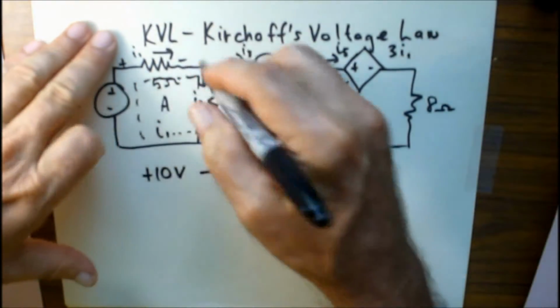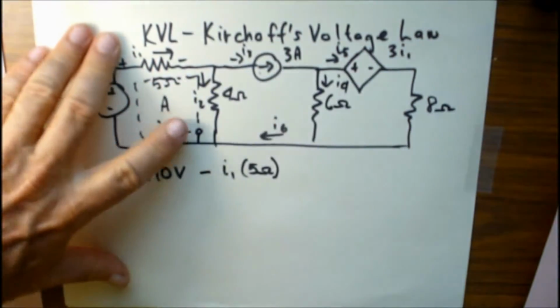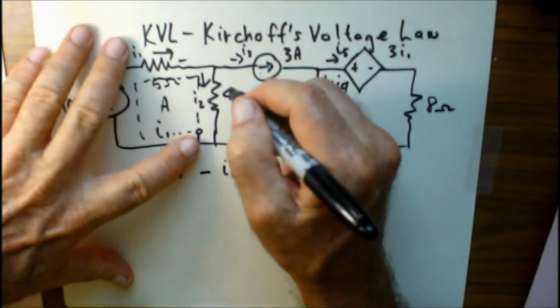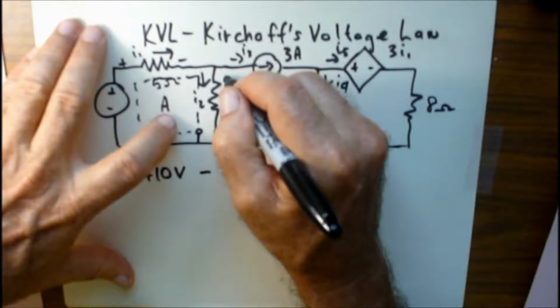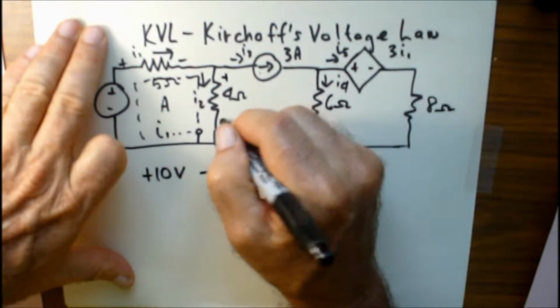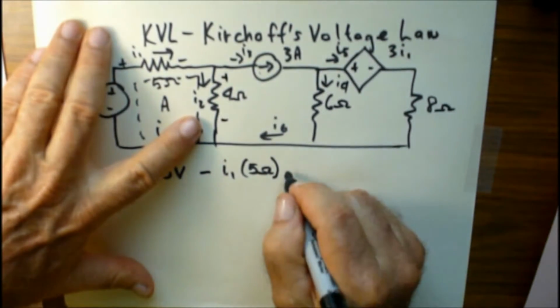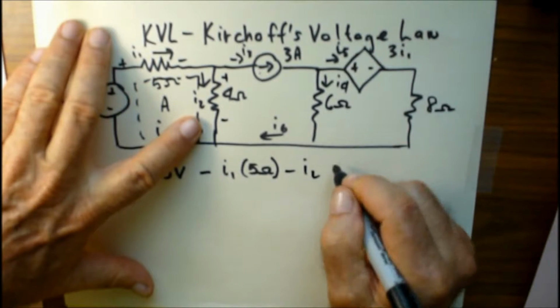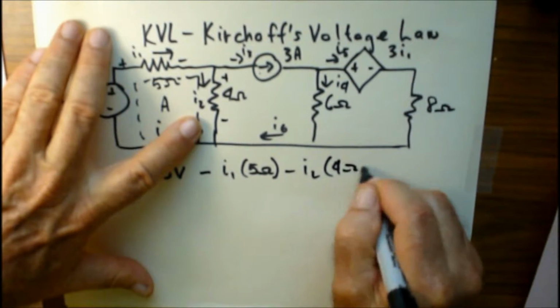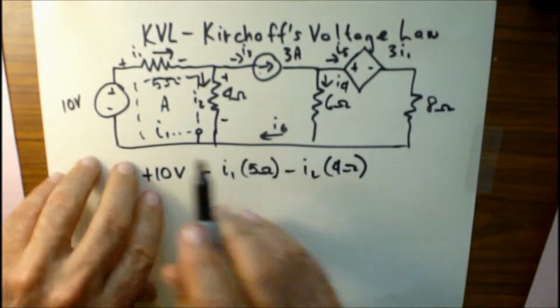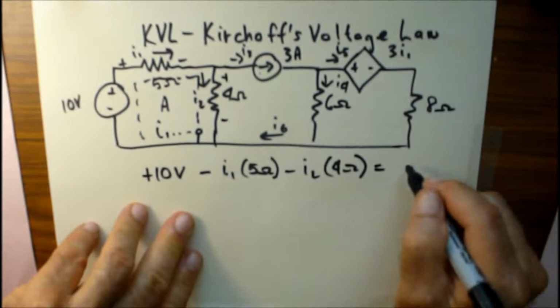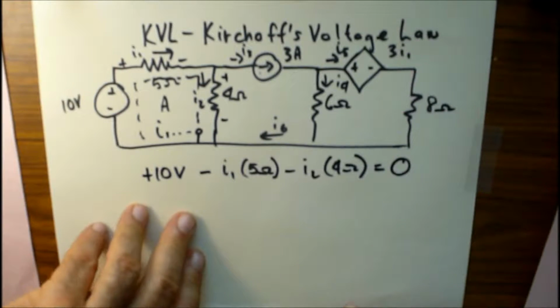Now the next one in this loop is I2, which is in this direction, so this is also from plus to minus, so we're decreasing. So this is minus I2 times 4 ohms. And then we're back down to where we started from. So that's our circuit. All that adds up to 0.